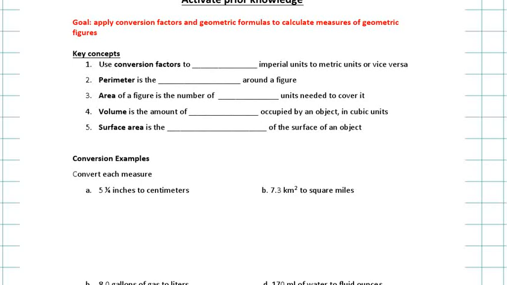So you guys know the difference, that we have imperial units and metric units, right? Obviously Americans like to use different things, right?